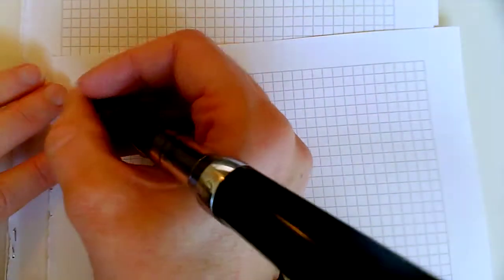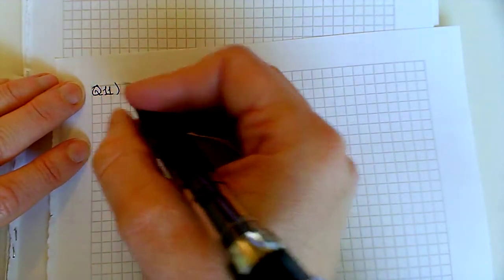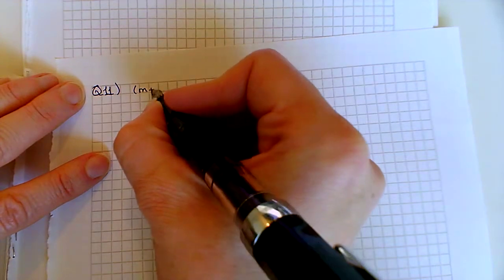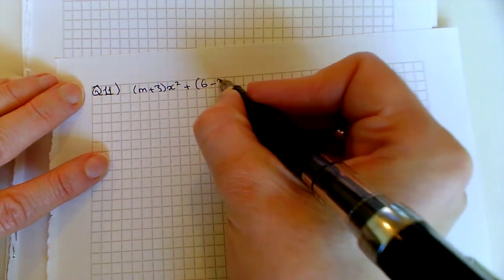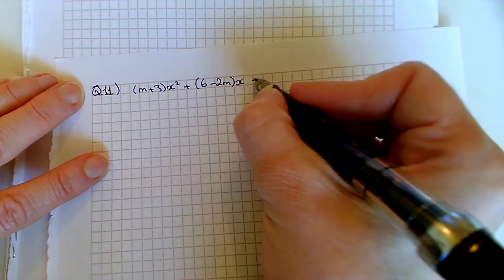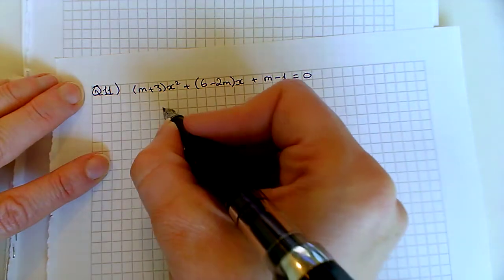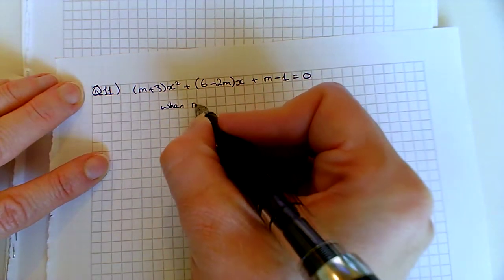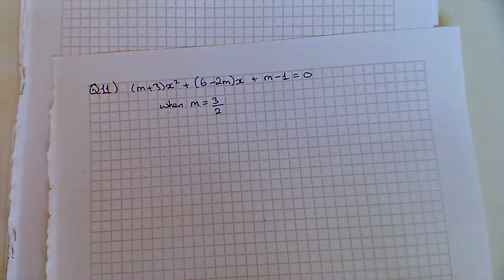So we're looking at question 11. Show that the equation (m plus 3)x squared plus (6 minus 2m)x plus (m minus 1) equal to 0 has equal roots when m is equal to 3/2. What do they want us to do?